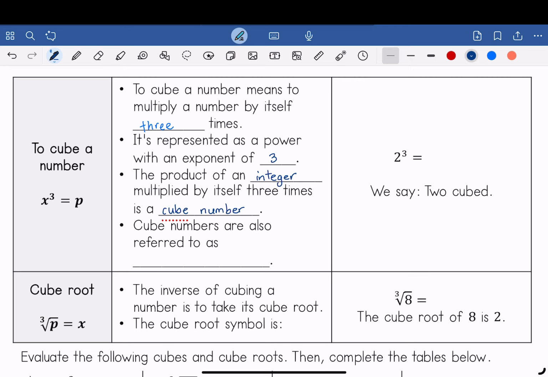Cube numbers are also referred to as perfect cubes. So we say here 2 to the power of 3 or 2 cubed.